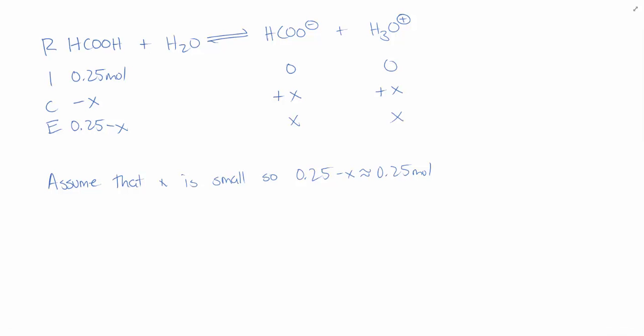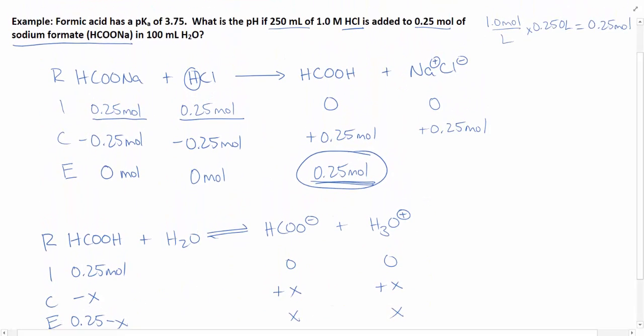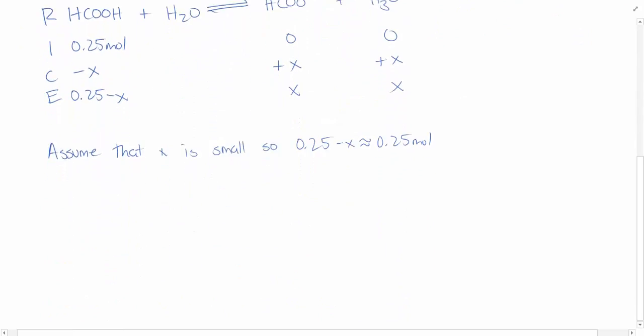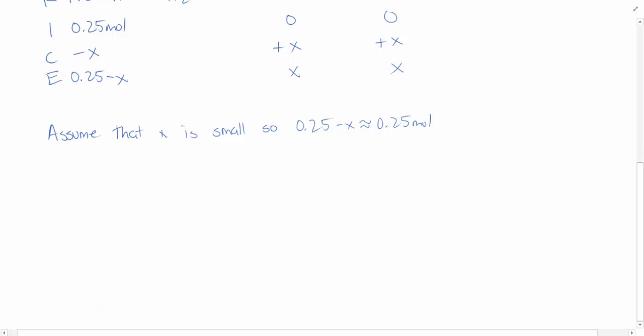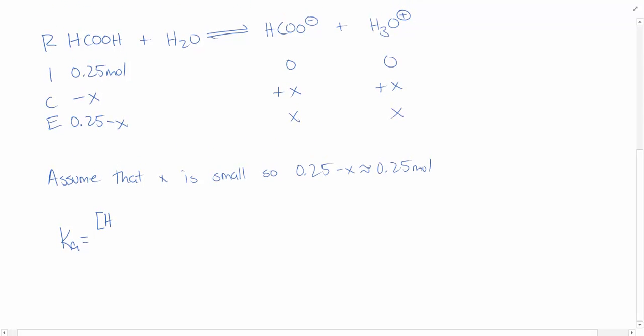Now we need to convert into concentration. So if we look back at our question, our total volume is 250 milliliters plus 100 milliliters, so that's a total of 0.35 liters. So down here, when we write our Ka equation, we have that it's equal to the concentration of base times the concentration of H3O+ over the concentration of formic acid.